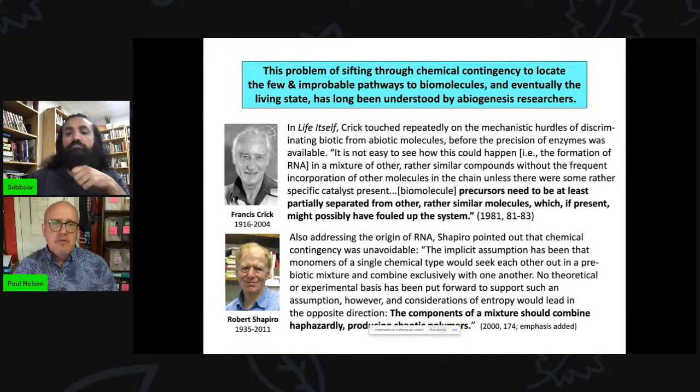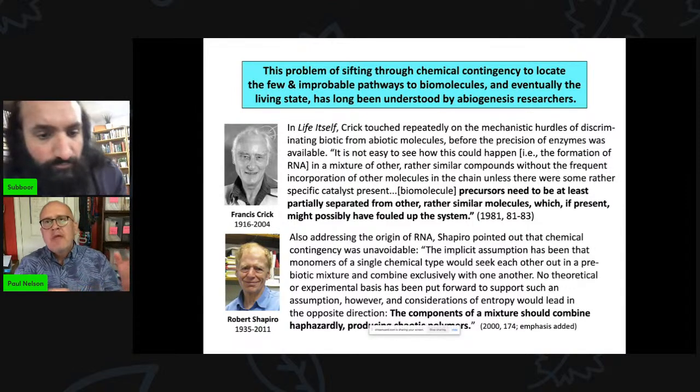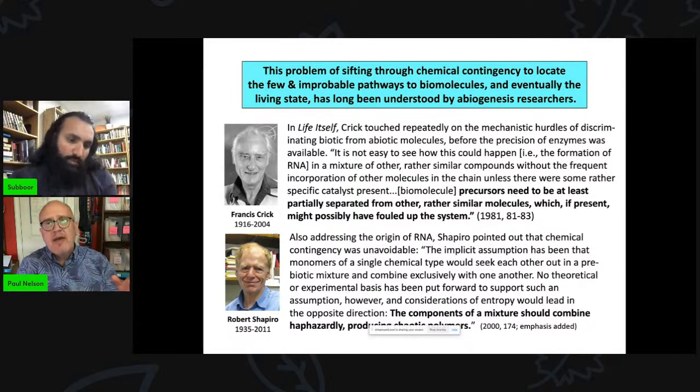In this passage, for instance, he says, the precursors to the biomolecules that we want need to be separated. We need to select them out. And chemistry itself is not going to do that because chemistry itself is going to give us a whole lot of stuff, only a tiny fraction of which is biologically relevant.